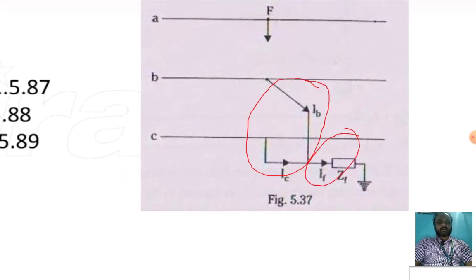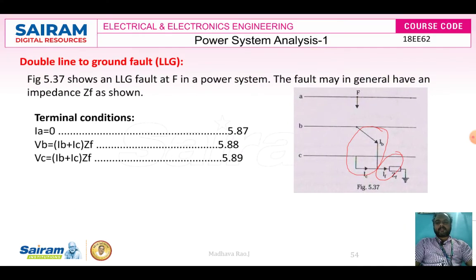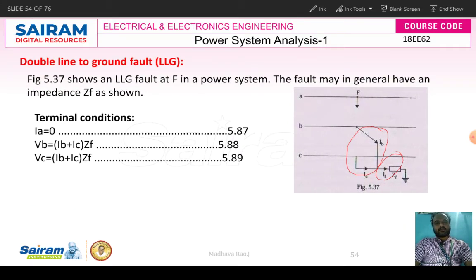In this fault, A phase is open, so the fault current through the A phase is 0. So fault current at A phase will be equal to 0, and voltages across B phase and C phase, VB and VC: VB is equal to IB plus IC into ZF, and VC is equal to IB plus IC into ZF.